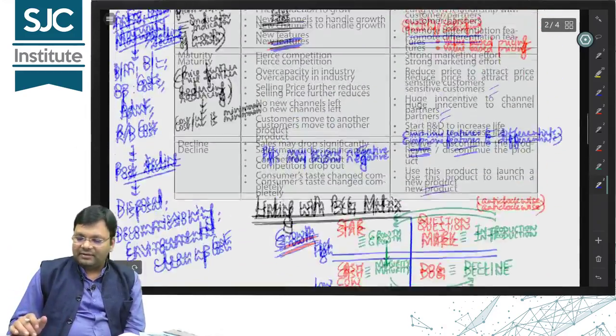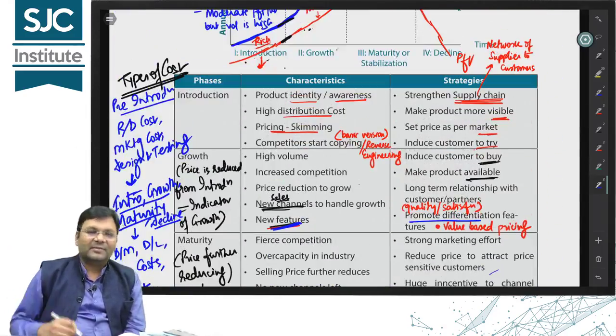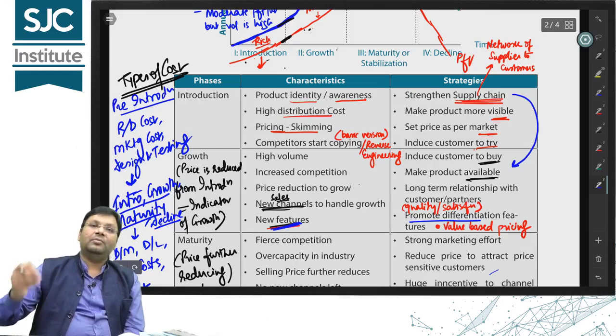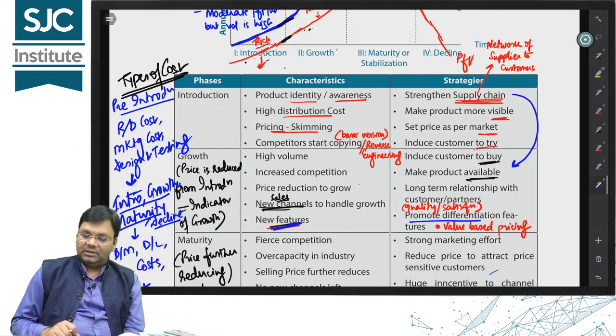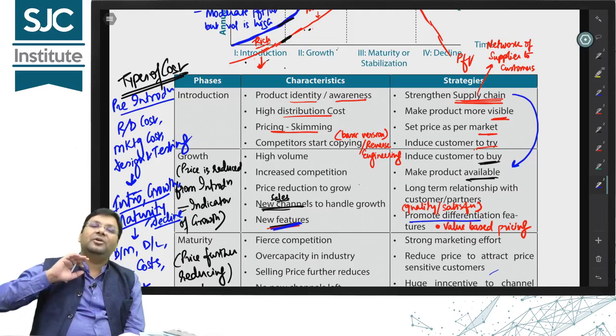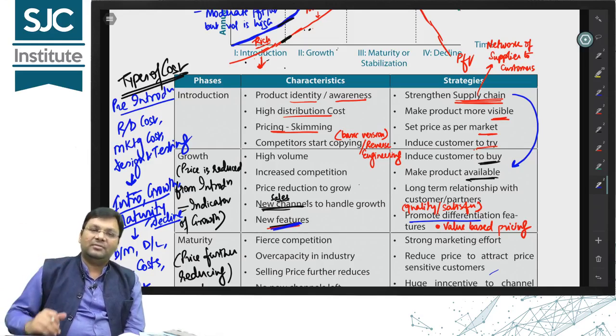You see, our strategies were saying that strengthening supply chain happens in introduction. I say that you keep doing this over here also, so that you are more in your growth phase for a long period. Okay, you should try to reach maybe from your domestic market to international market, from one continent to another continent.